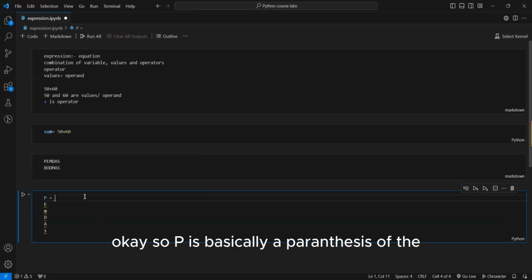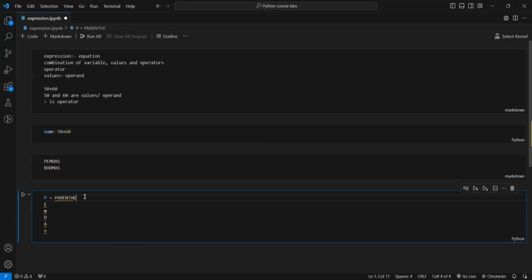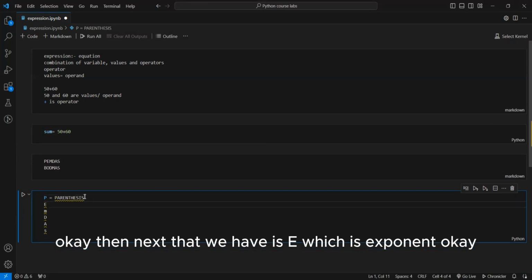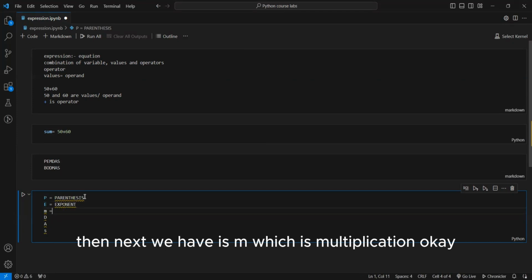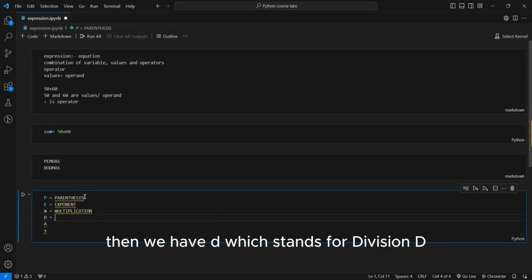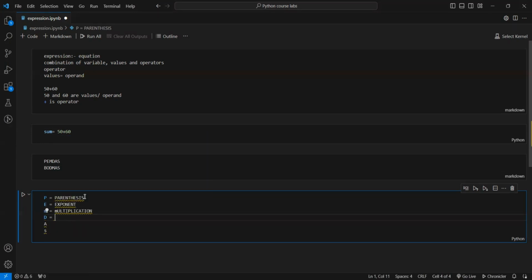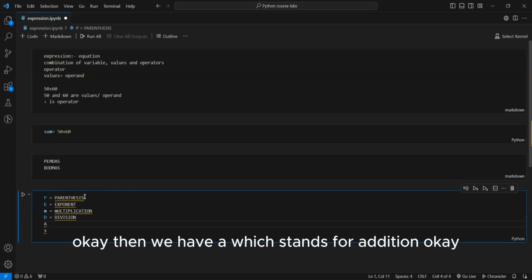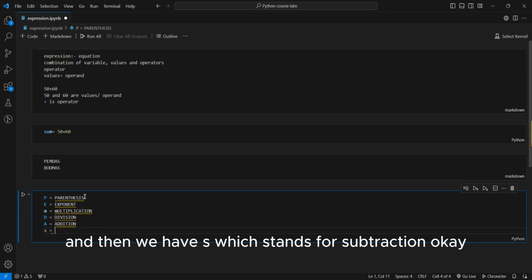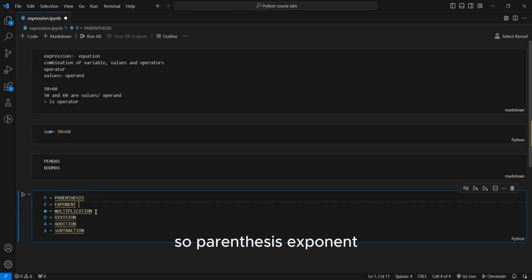P is basically parenthesis. Next we have E, which is exponent. Then M, which is multiplication. Then D, which stands for division. Then A, which stands for addition. And then S, which stands for subtraction. Parenthesis, exponent, multiplication, division, addition, and subtraction.